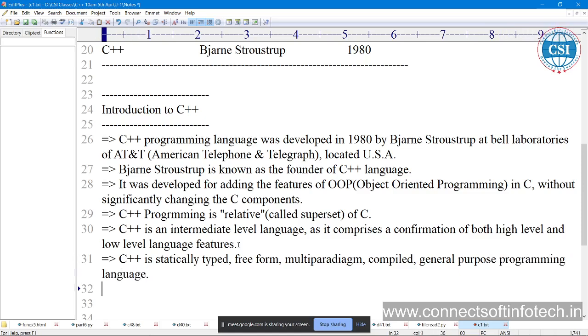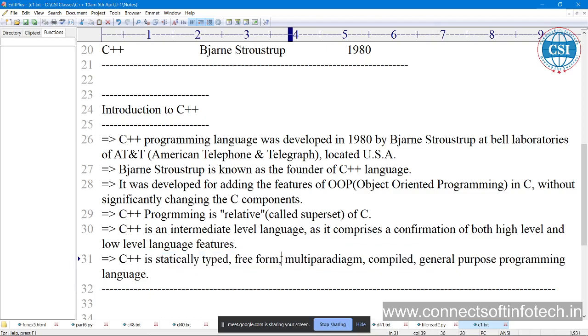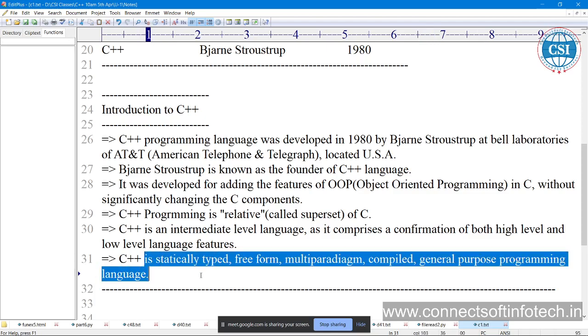Okay, so now we can say what is C++? It's an object oriented general purpose programming language. C++ is an object oriented multi-paradigm language. If I say multi-paradigm, it means object oriented plus POP, both. So it is a compiled, statically typed general purpose programming language.